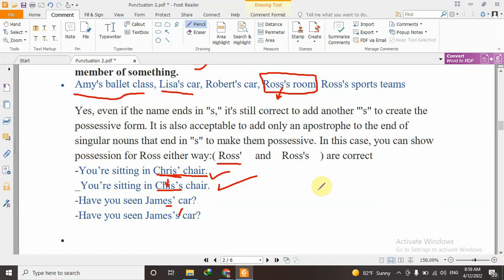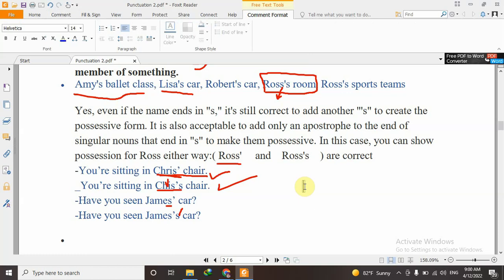But if the word is plural, as I said earlier, for example my mother's, my sister's dress. Here, what do I have to do?